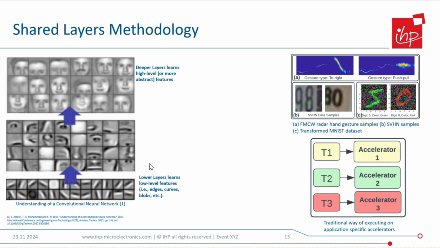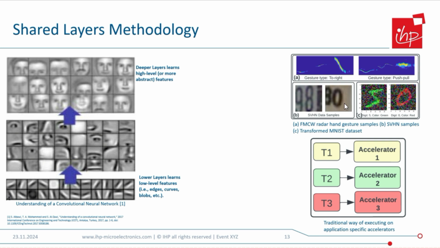And as you go deeper in the convolutional neural network, your network starts to learn more abstract high level features, right? And for a lot of the image related inputs, a lot of the patterns that we have from radar or the camera, the low level features are the same, right? The high level features can be different.